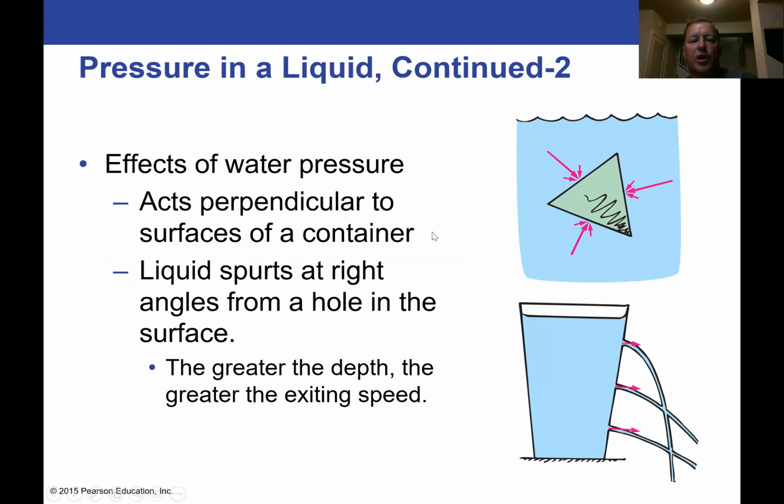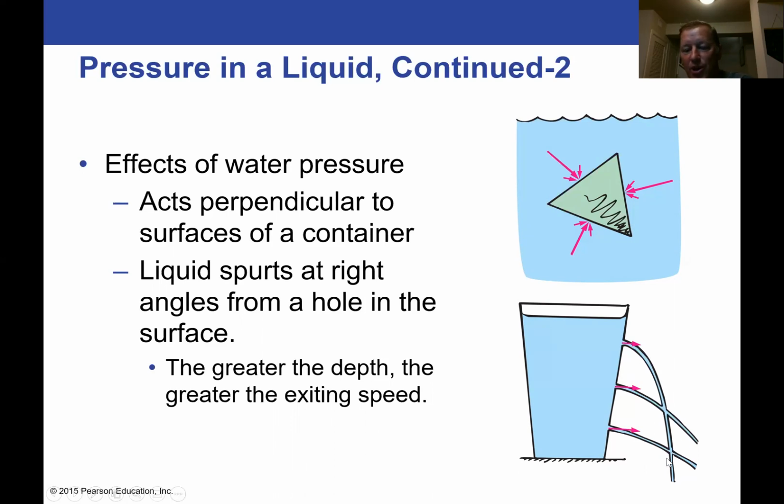So the effects of water pressure: it acts perpendicular to the surfaces of a container. So it acts at a right angle. So if I take a cup, I poke holes in it, the water pressure is at a right angle, at a right angle, at a right angle. So liquid squirts out straight out, but then guess what happens?